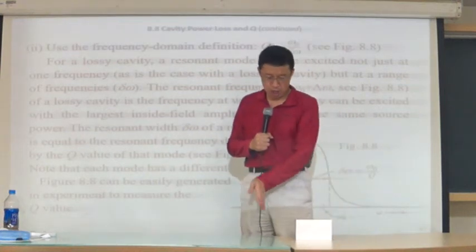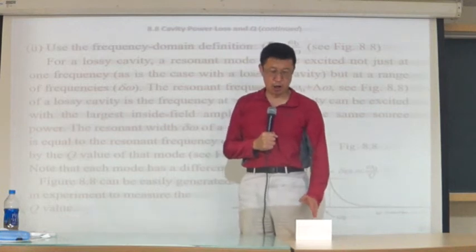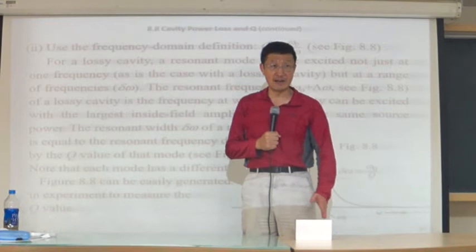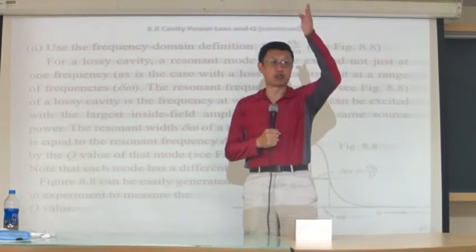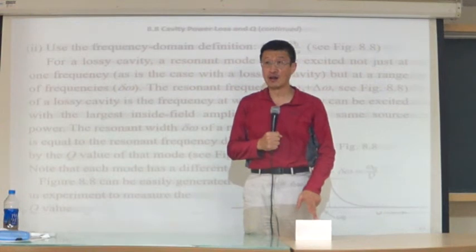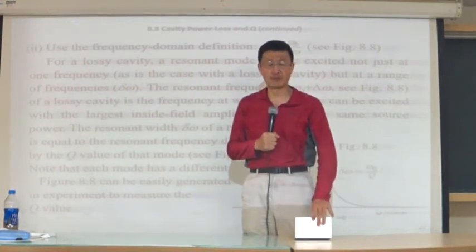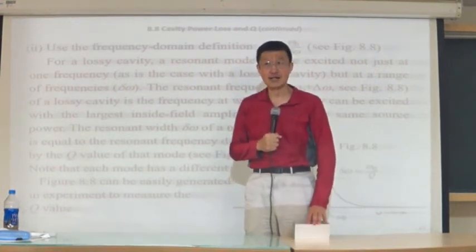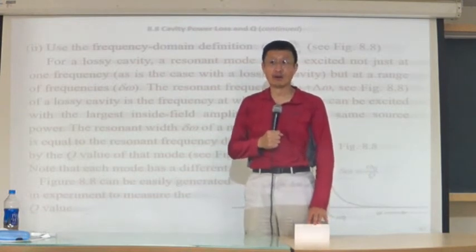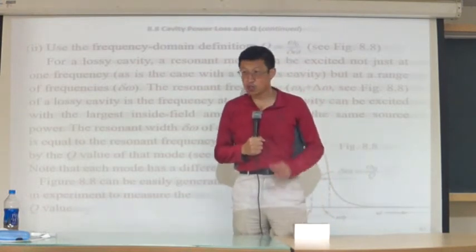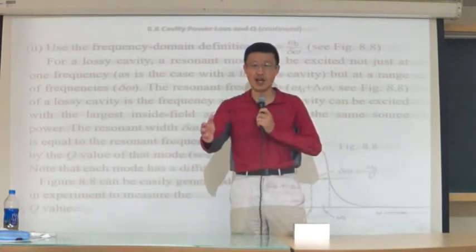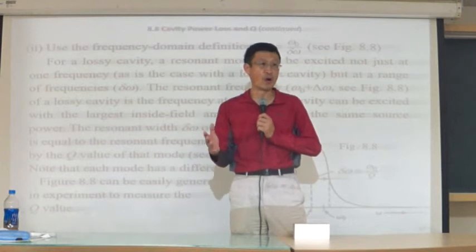So you can inject a signal and energy will accumulate and be stored inside. So the EM field will be extremely large inside for a high quality factor. But for some applications, such as plasma, such as material processing, the source is unstable, such as your home microwave oven.